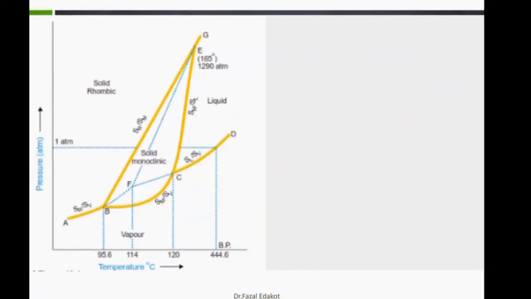Please look at the diagram. You have to draw this diagram in your notebook. They used to ask, equally important as water, to draw the phase diagram of sulfur and explain it. It comes like this.